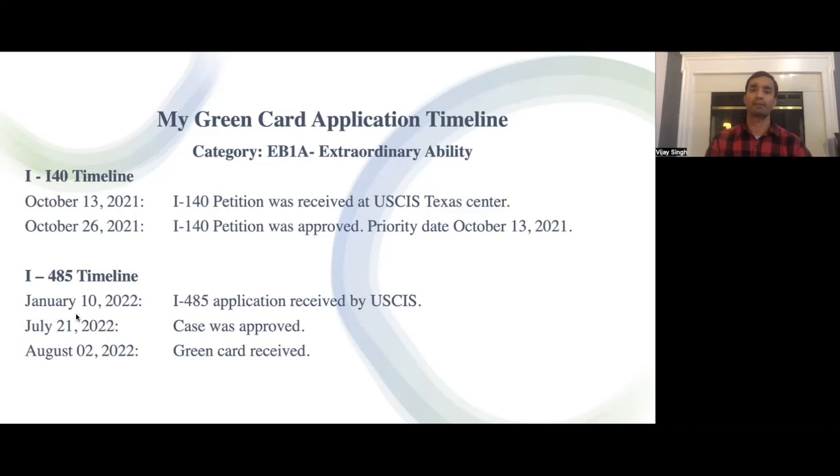I sent in my application in early January, and it was received by USCIS on 10th January 2022. My case was approved in July 2021, and I got the physical green card in my mail by August 2nd, 2022.